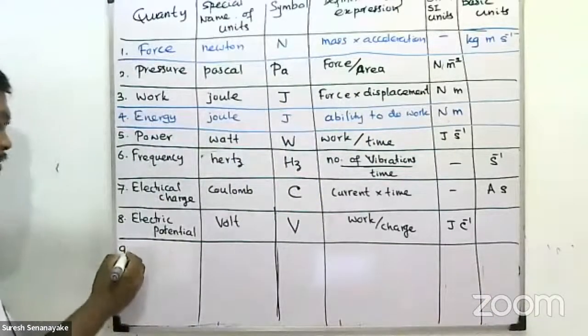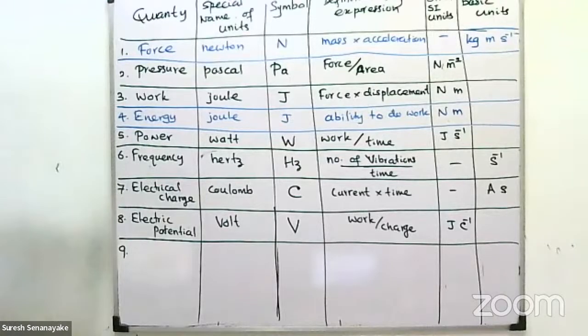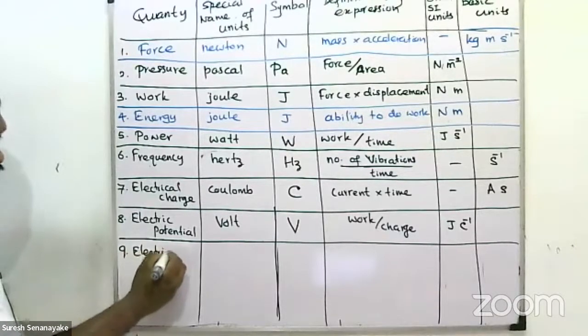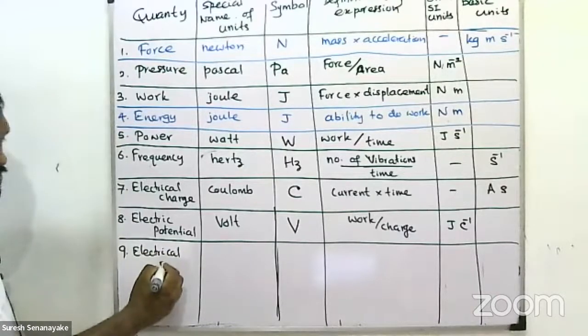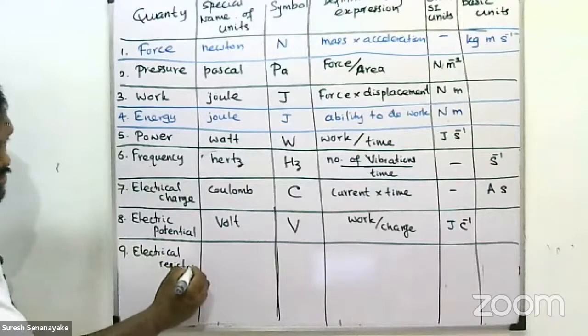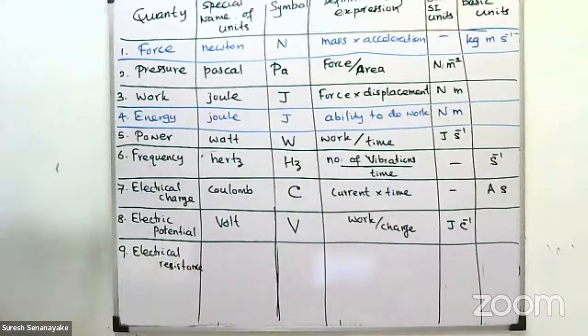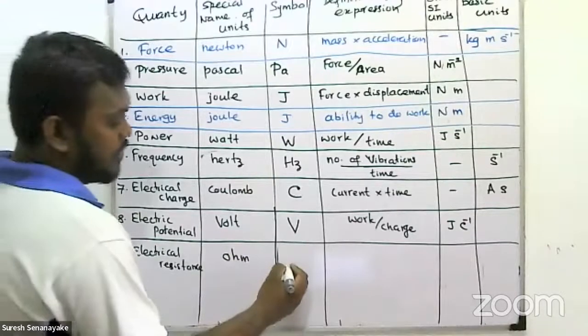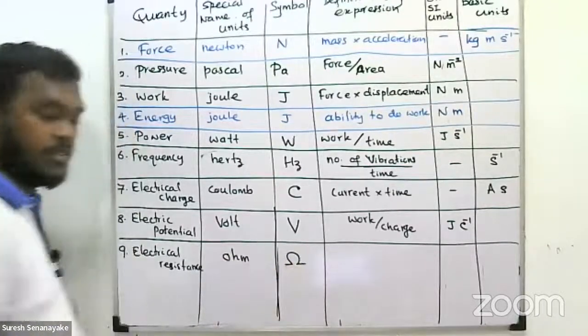The 9th one, that's electrical resistance, and its SI unit is ohm. The Greek letter omega we use.